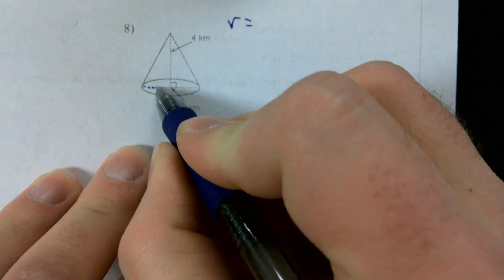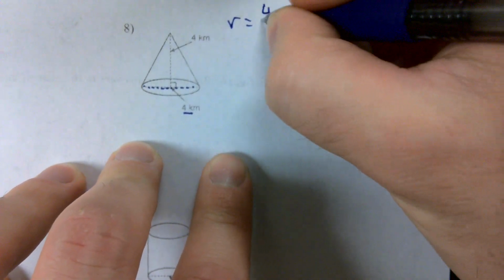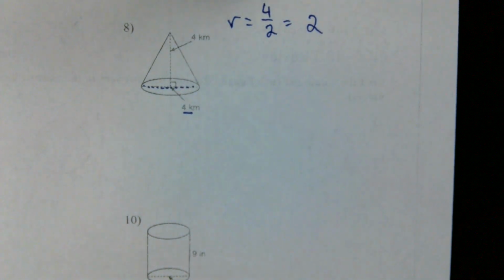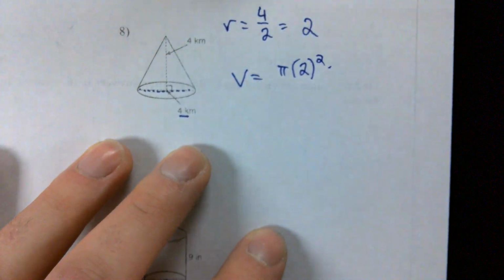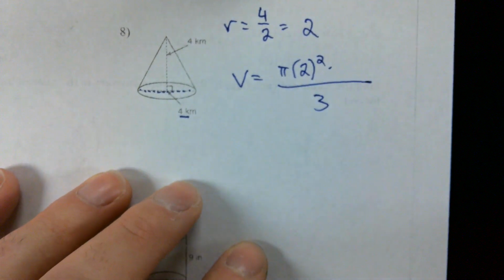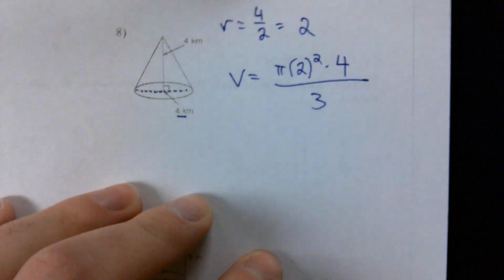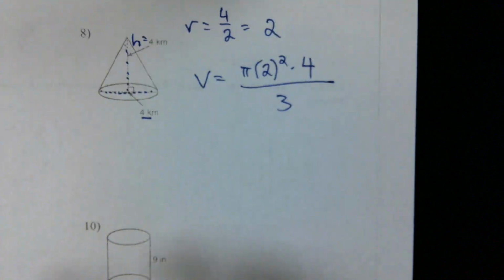We see that the circle on the bottom is a full line with 4. So our radius has to be 4 over 2, which comes out to 2. Our formula here is V is equal to pi r squared times h. What's my h? 4, right? Do we need to cut that 4 in half? No, absolutely not. We always want to take the full height that's given to us.